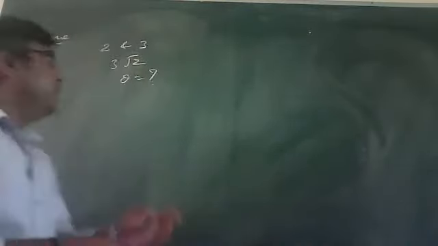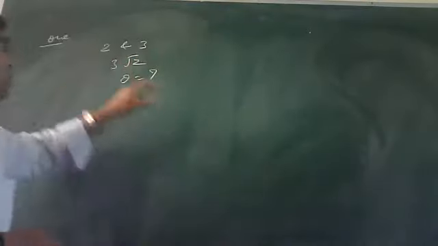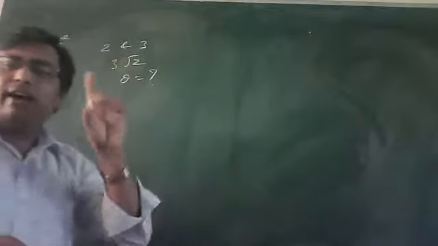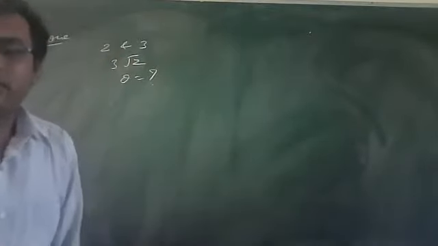I am repeating the question. There are two vectors having magnitudes 2 and 3 respectively. The magnitude of their dot product is 3 root 2. Find the angle between these vectors.